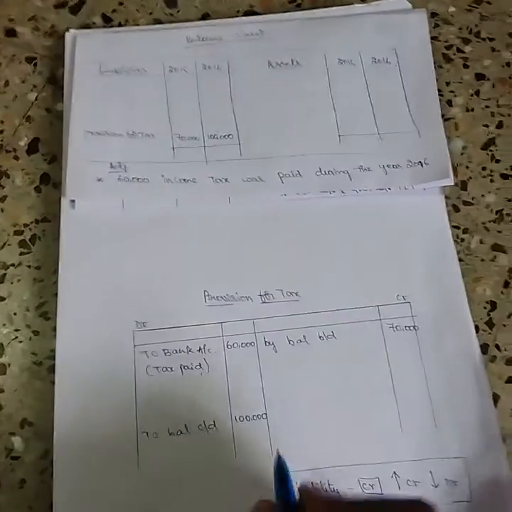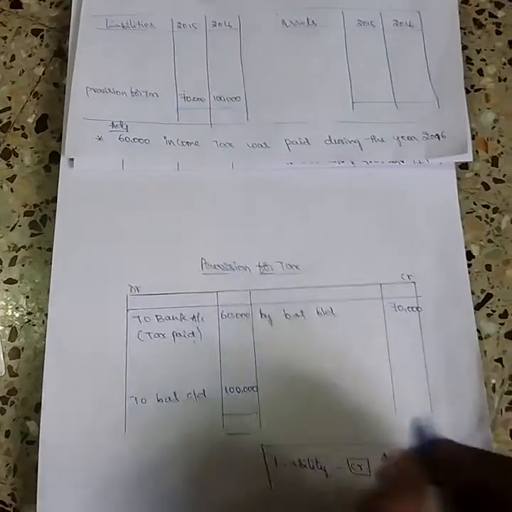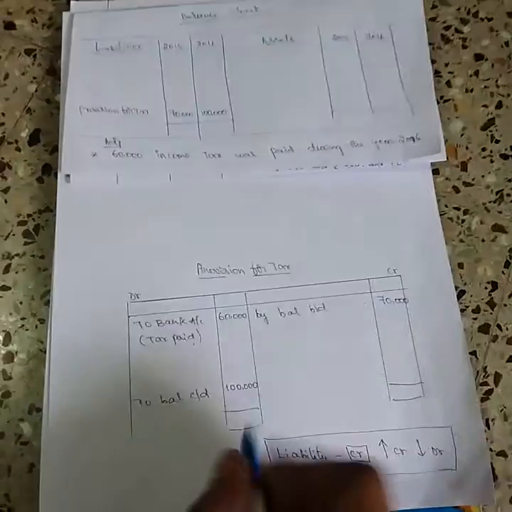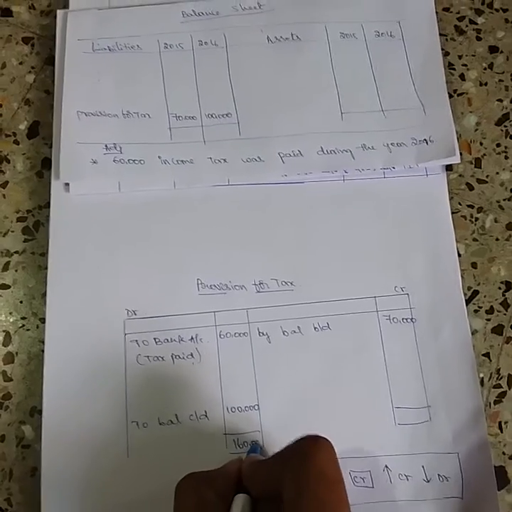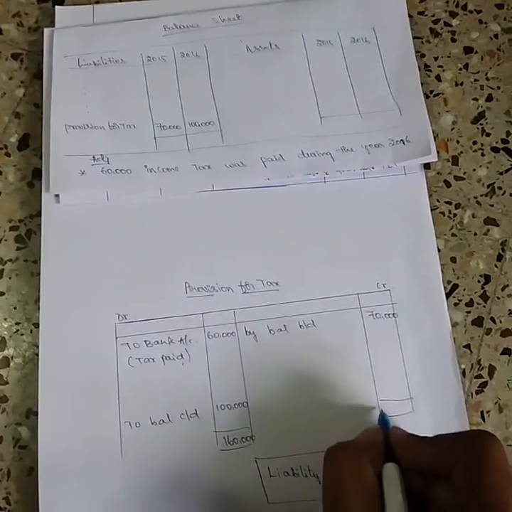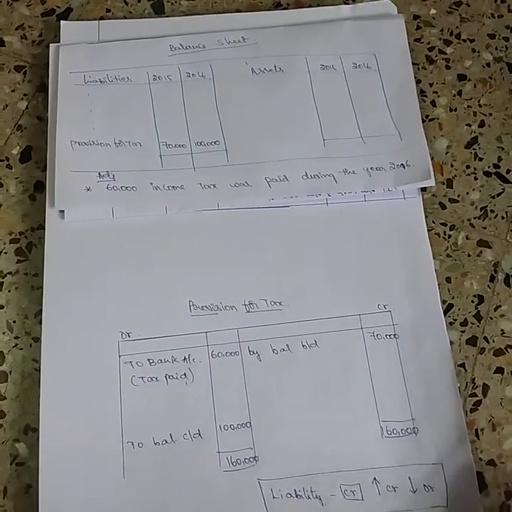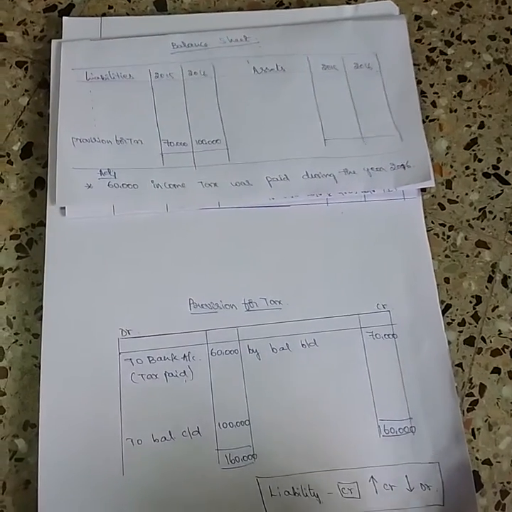Now balance the ledger. On the debit side we have more, 1,60,000. 1,60,000 minus 70,000, so 90,000.